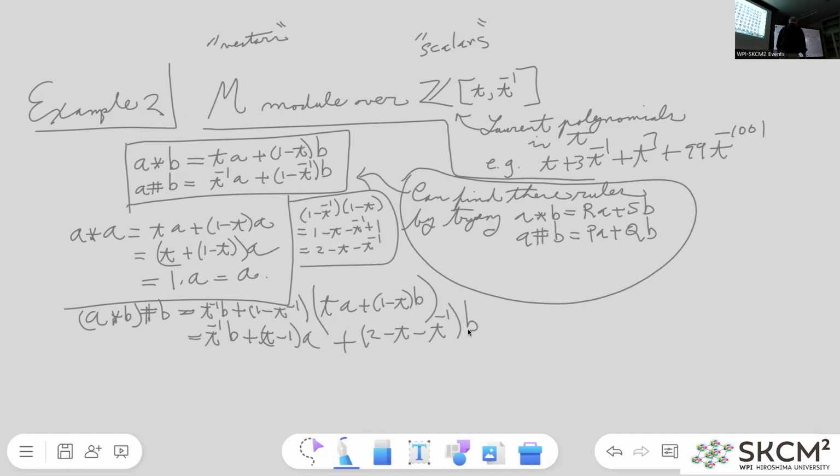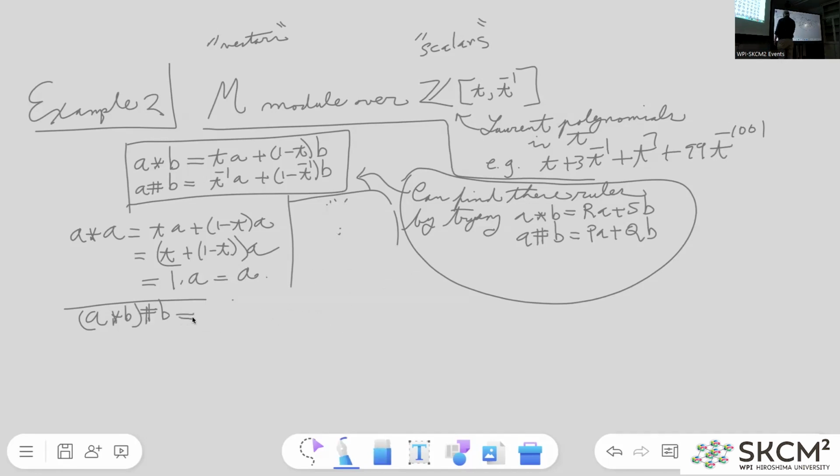I make some mistake. T inverse B plus 1 minus T inverse times. Yeah, of course, I made a silly mistake. We'll start all over. Sorry for wasting time.